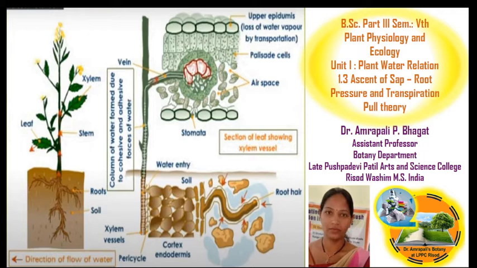Roots are the underground part, and above the soil there are aerial parts like stem, leaf, fruit, and flowers.